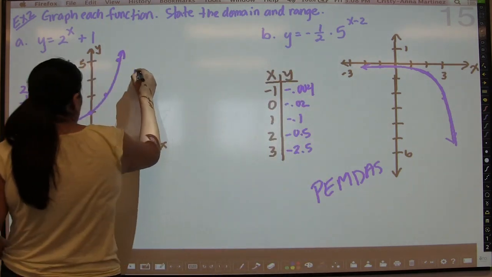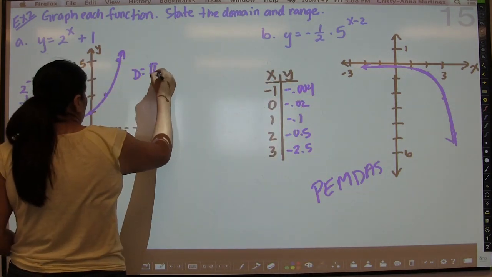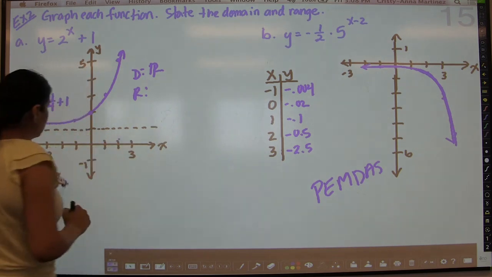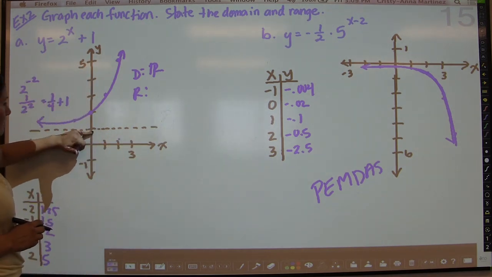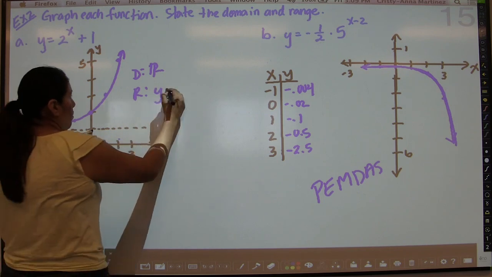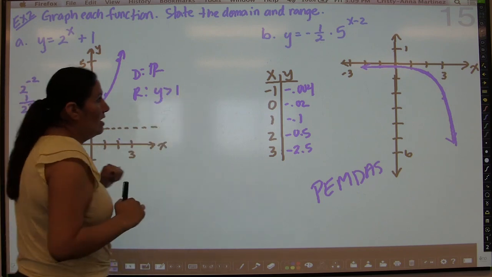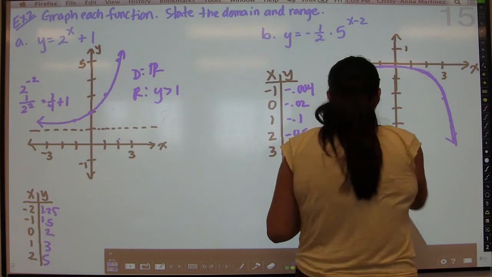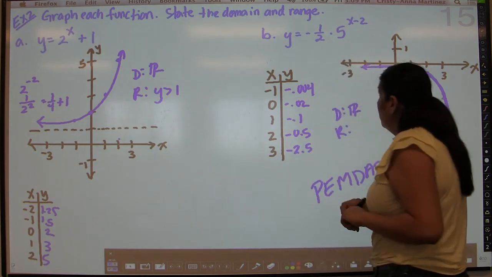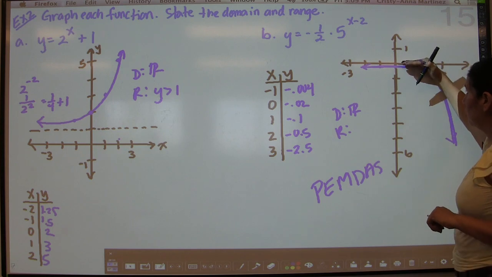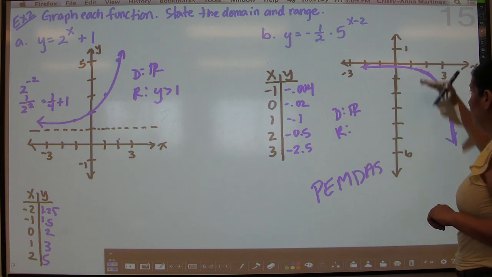So domain here should have been all reals. The range, again, like what happened before, is that your asymptote has moved. So now we want y greater than 1 because my asymptote has moved. And then over here, our domain is still all reals. And our range, because now all the y values are below the x-axis, they're not above the x-axis.